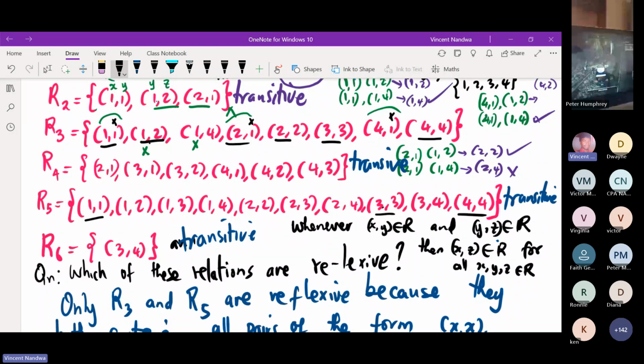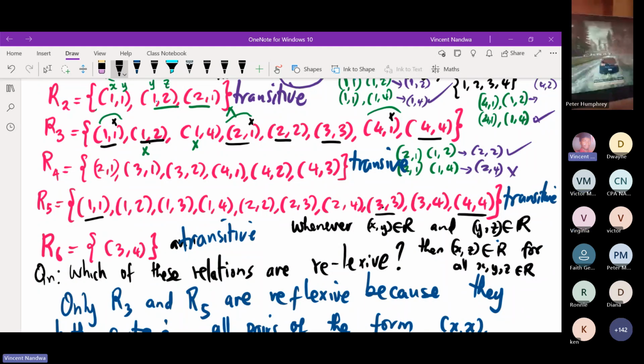So in the definition of R6, there is no rule that is disobeyed to say that X, Y and Y, Z are in R but X, Z is not in R. So when you have only one element in the relation, it is transitive by default, because it doesn't disobey the condition that you need two pairs, X, Y and Y, Z, in the same relation to force an X, Z to be in the same relation.